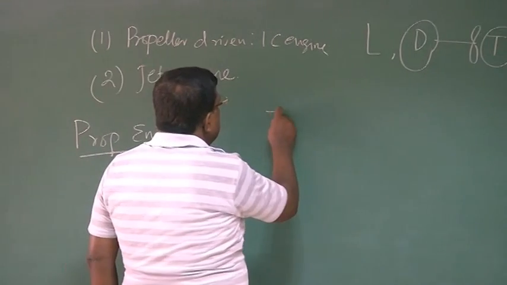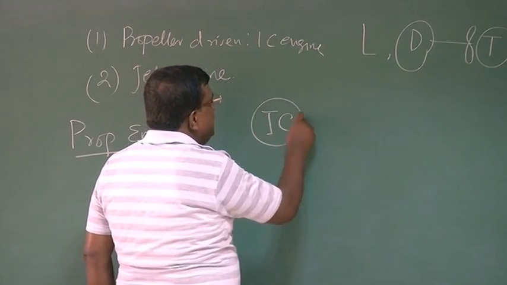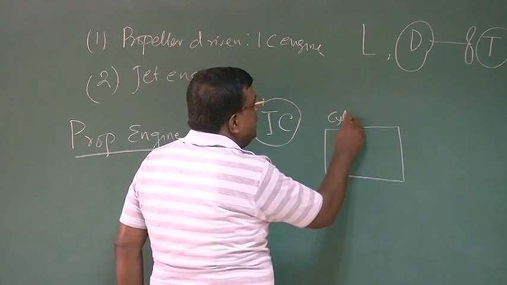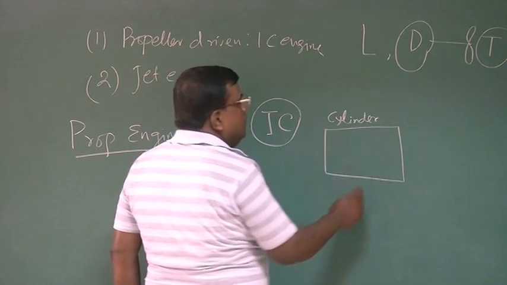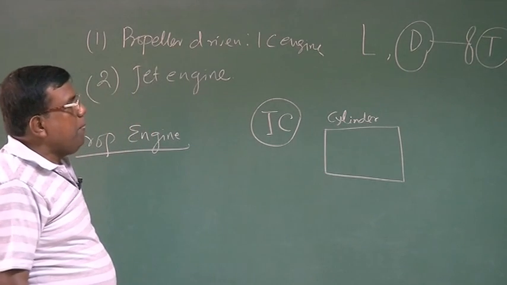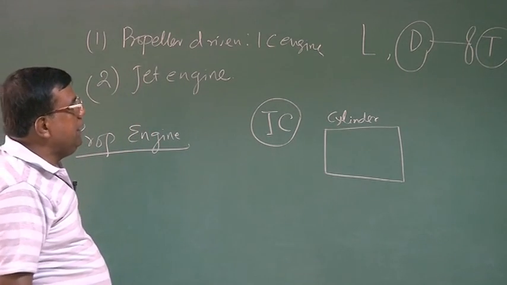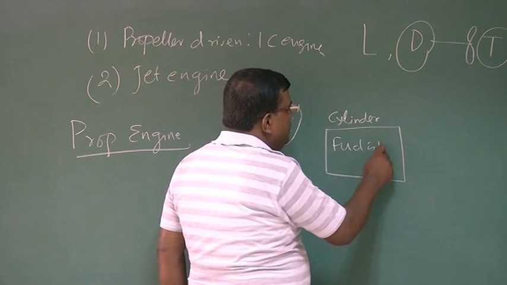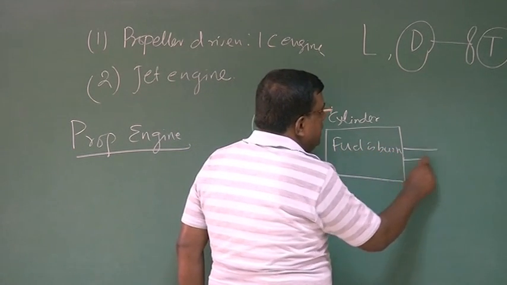See, for an IC engine, the principle is simple: there is a cylinder, which I have shown you just now, and we will be seeing that again. In the cylinder, some fuel is burnt, and there is a shaft.